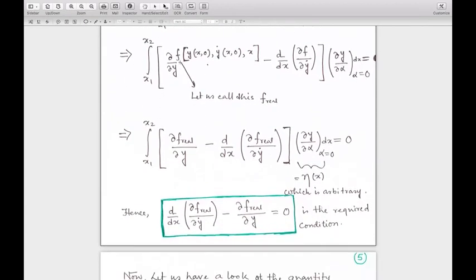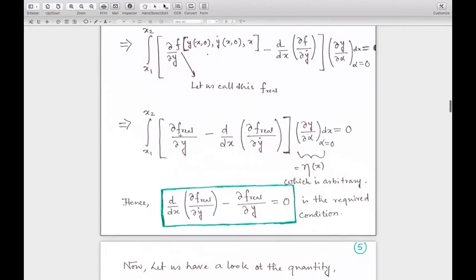So I now call this f of y(x,0), y dot(x,0) and x as f real, because this is the real path which gives us J to be stationary, right? And for that we have this condition. So this is the condition we finally have for f real.